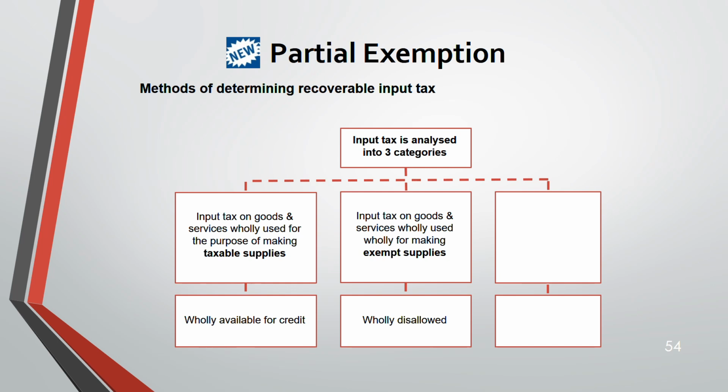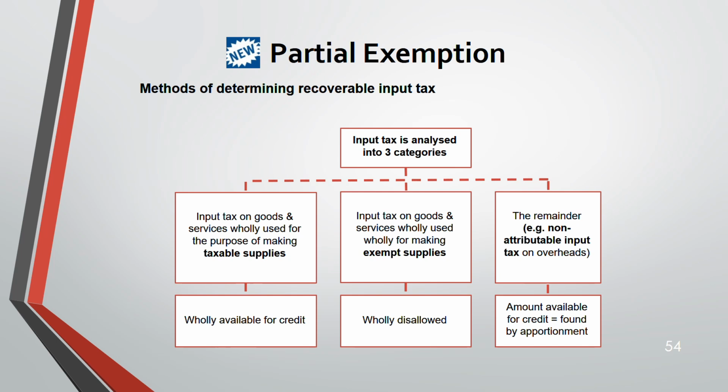You will not recover any input tax. And if you are making a mixture of taxable and exempt supply, here the third area is the one which we have to work. Here you will get some credit. It is by apportionment. The one which is for taxable supply, you will get the relief. The one for exempt supply, it's disallowed.